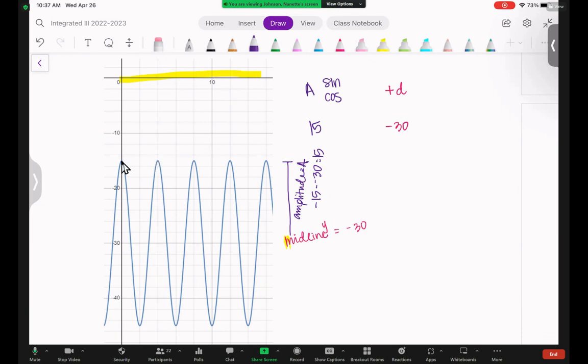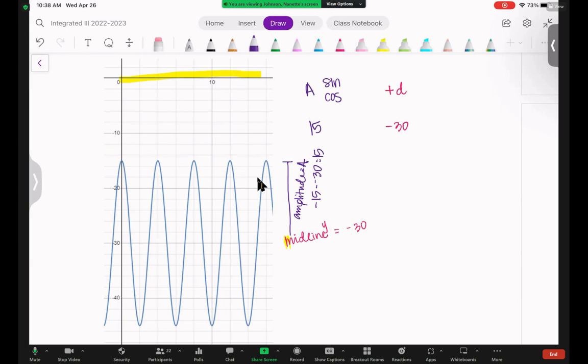From here, I start at 0, I'm at the top, and I go all the way down to the minimum, and then I go all the way back up to the maximum, and that's a complete cycle. If I took a picture from here all the way to here, it just repeats itself again and again and again.